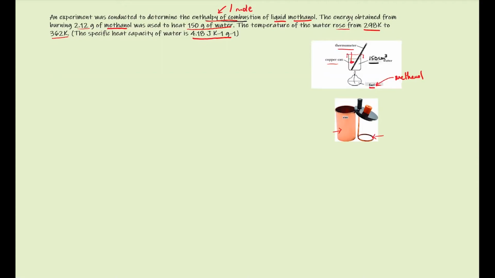It was 200 centimeters cubed before, but I've changed it to 150 because that's what we have in our question, 150 centimeters cubed water. And it's that quantity that is being heated up. That's where I'm detecting my temperature change. That's where my thermometer is, and that's what the temperature change is detected in. So that value there will be in my Q equals MC delta T. So worth considering all those points.